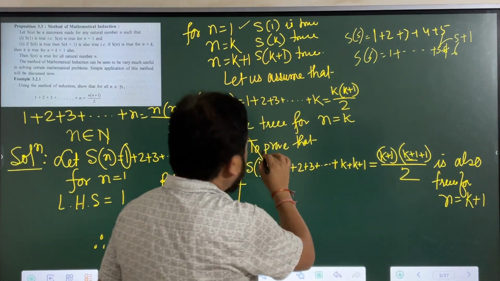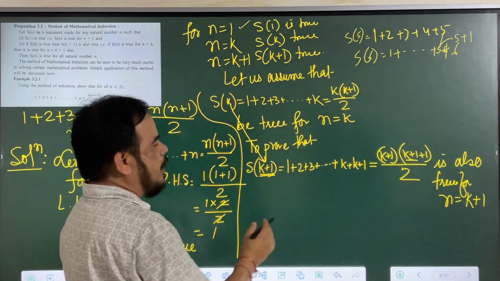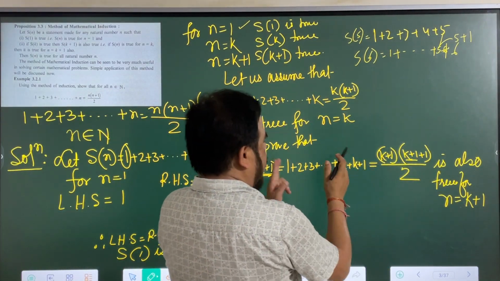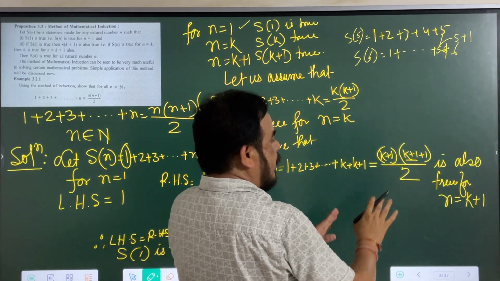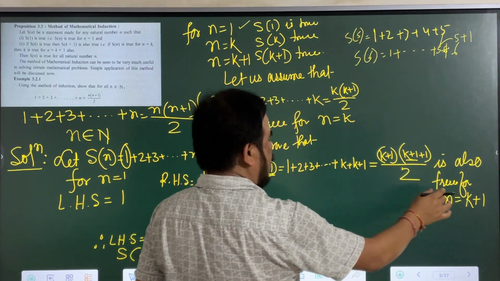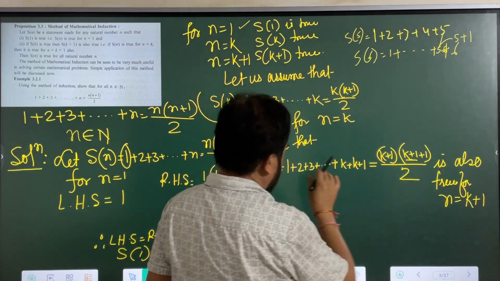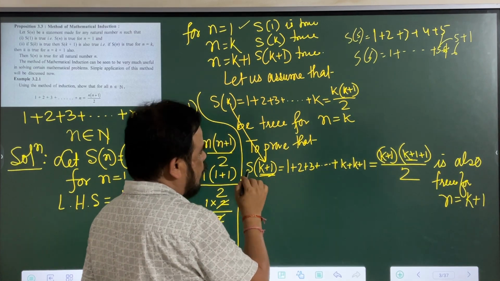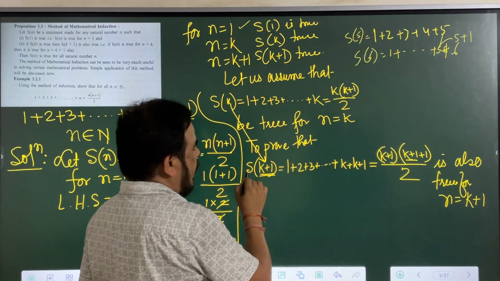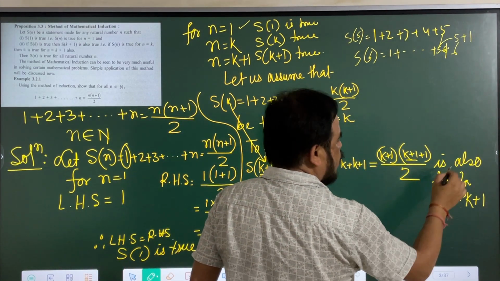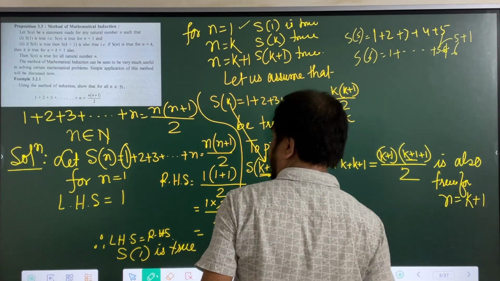To prove that LHS equals to RHS. Whatever k plus 1 we have written, we will read this way. To prove that Sk plus 1 is also true for n equals to k plus 1.